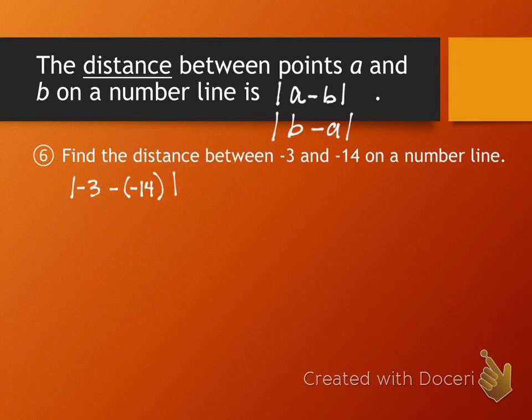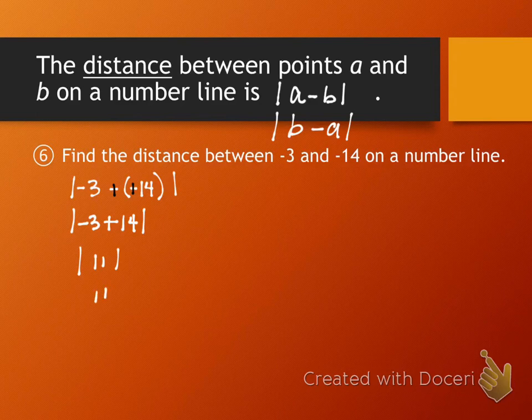So what do you remember about the opposite of a negative, like those two negatives right beside each other in the middle? Yeah, they change to positive, right? So it's the opposite of a negative. So this is actually saying that I have negative 3 plus 14. And what is negative 3 plus 14? It's 11. And the absolute value of 11 is 11.